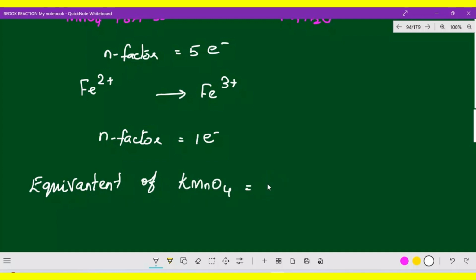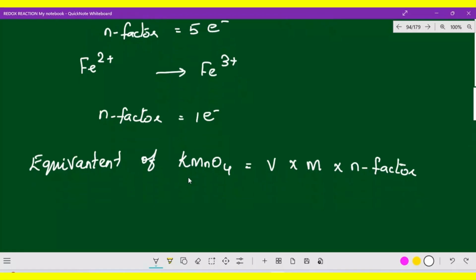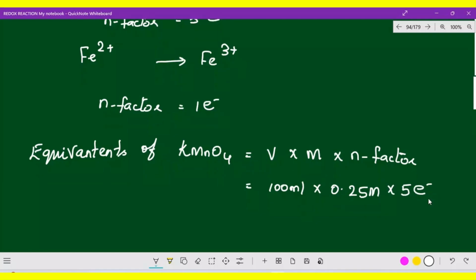Generally, how do we identify equivalents? Volume, molarity and n factor. So the volume of KMnO4 is 100 ml, the molarity of KMnO4 is 0.25 M, and the n factor is 5 electrons. I hope you got that idea.